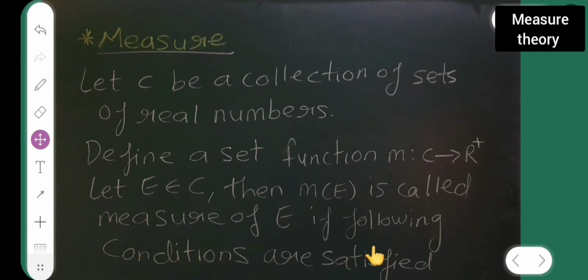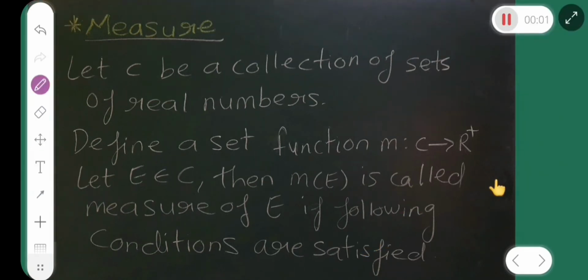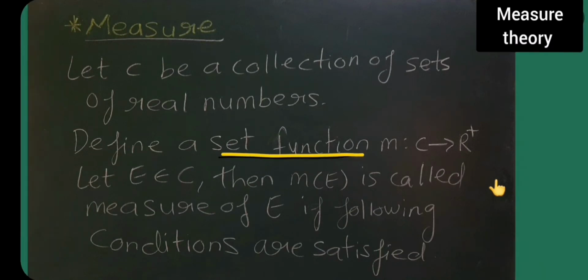So there are some conditions which are given, and if the conditions are satisfied, then you can say it is a measure of E. But before that, let me explain. Here the set function is a function in which the domain is a collection of sets.